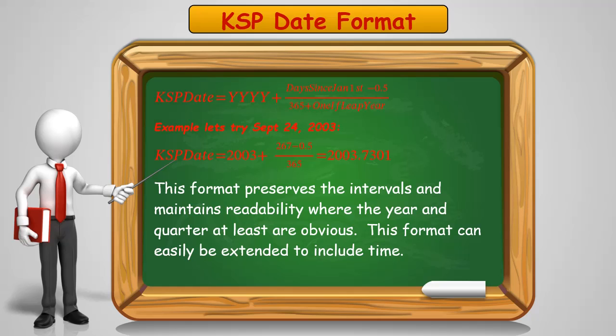September 24th, 2003 would actually come up as 2003 plus 267 minus 0.5 divided by 365 equals 2003.7301. Now that still may look a little odd to you, but this format preserves the intervals and maintains readability. At least looking at this, I can see the year and I can at least see the quarter that it's in. So the format can easily be extended to include time, by the way.